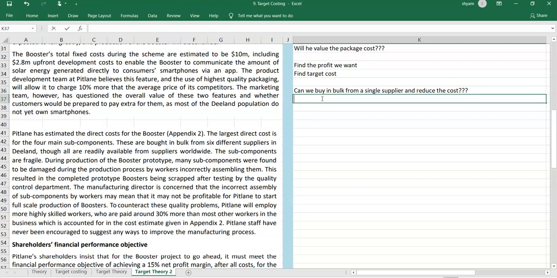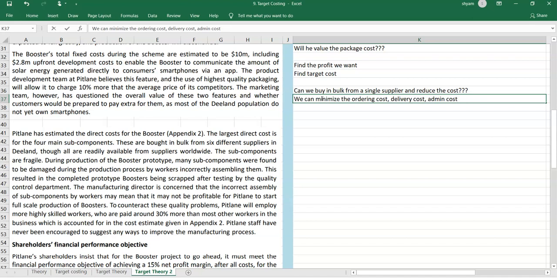So we can minimize the ordering cost, delivery cost, admin cost. Okay, we can minimize all these costs.